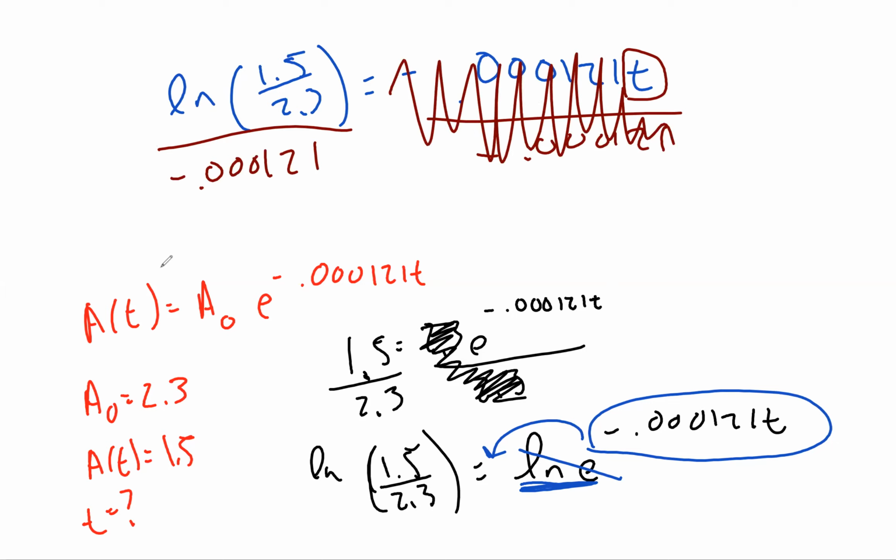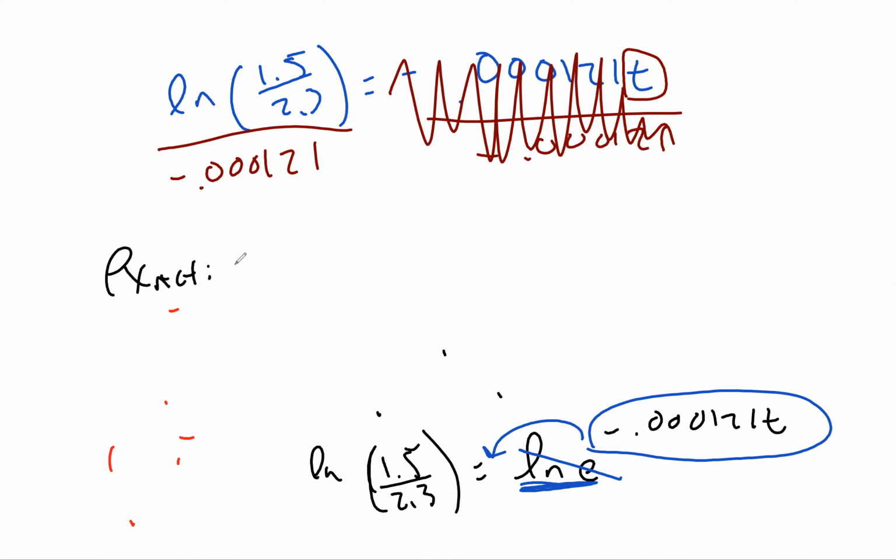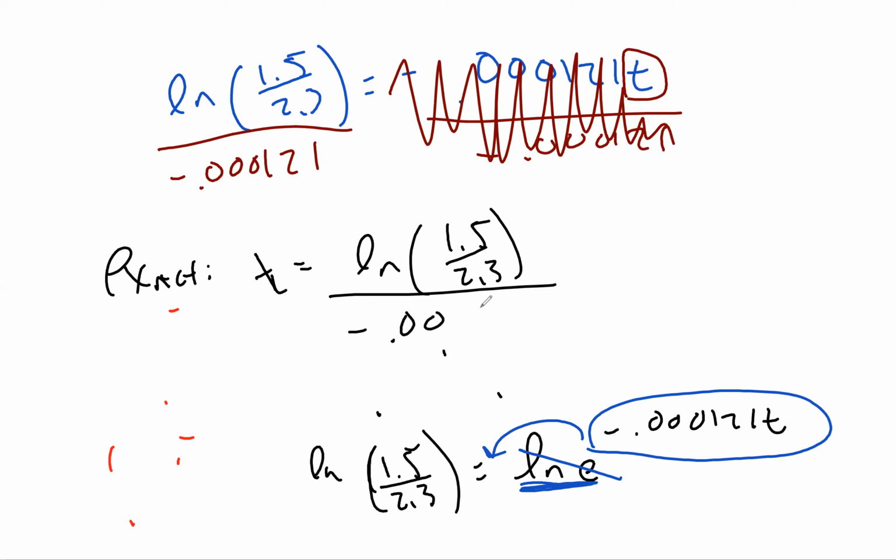And so my exact answer, all this junk, my exact answer will be that big old nasty thing. Okay, and then we'll type it into our calculator and we'll see what we get. So the exact answer is t equals the ln of 1.5 over 2.3 all divided by negative 0.000121.